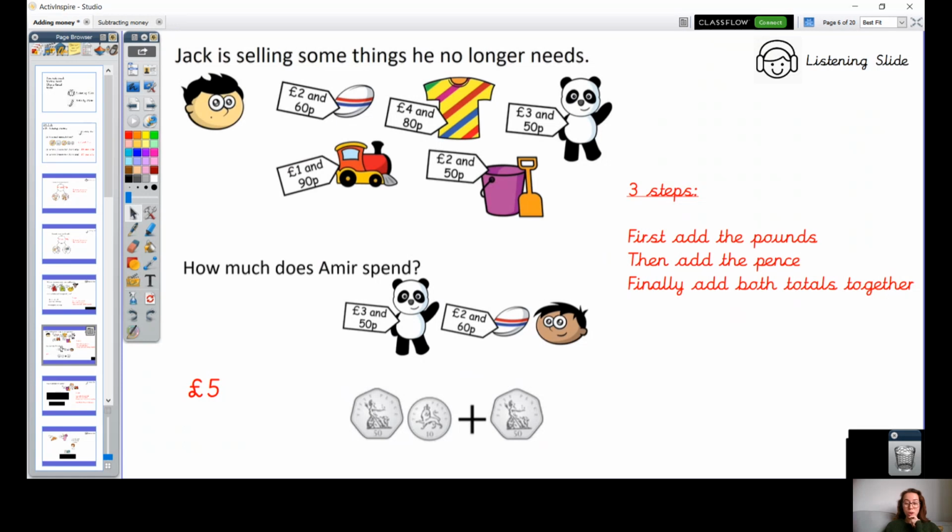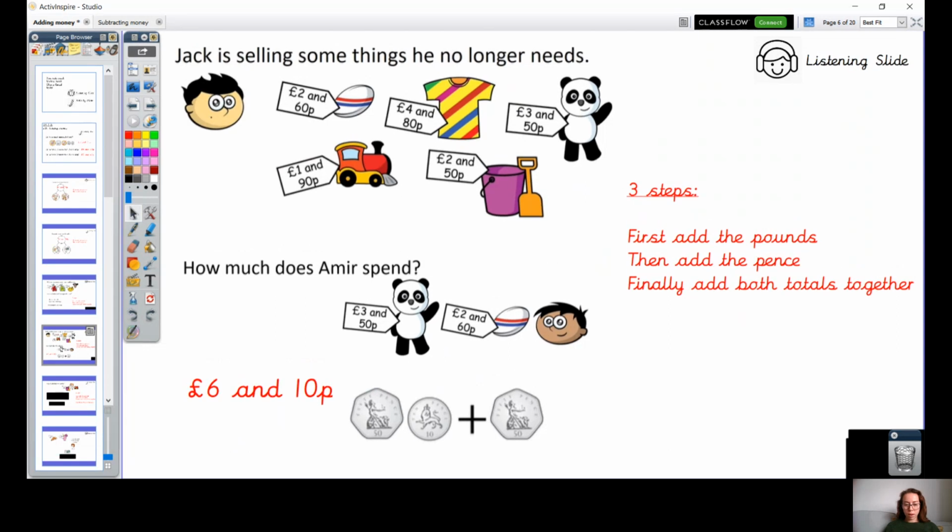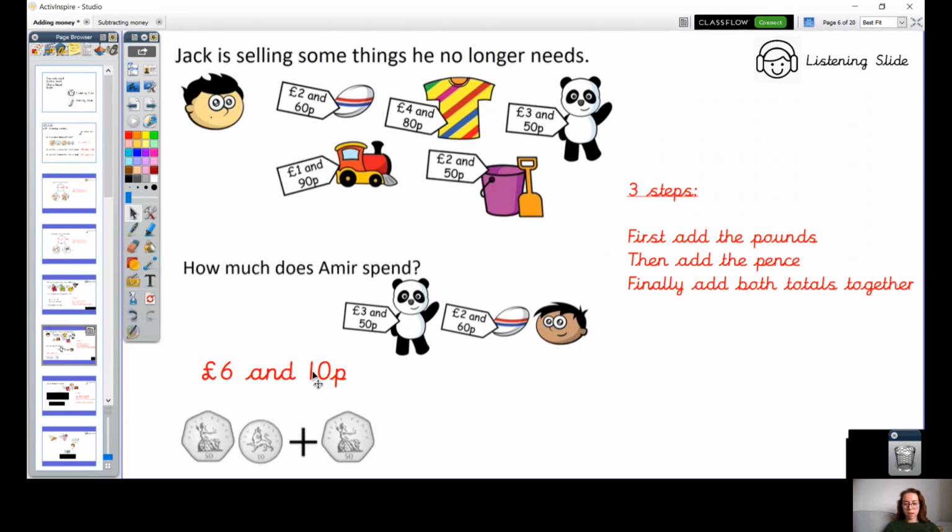I've spotted we've got two 50ps we're adding together, and I know that two 50ps make £1. So I've got another £1 coin there, haven't I? Another value of £1. So actually, if I'm adding all this together, I've actually got £6. And what have I got left in this amount? 10p left. So Amir is going to be spending £6 and 10p on the two items he'd like to buy.